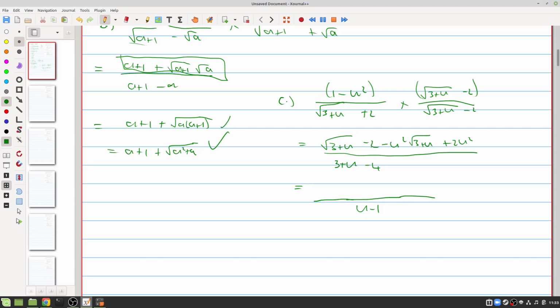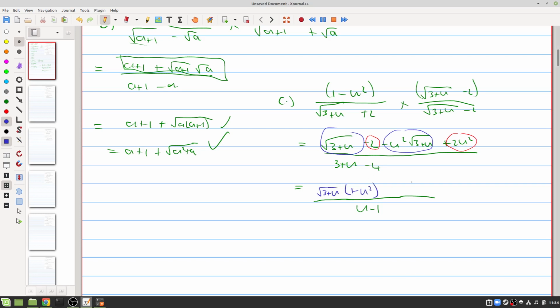Actually, we're just working in a circle, but that's going to be necessary in this case. So you don't always know that, because here there's no like terms we can collect, but we can say let's group together these two, and let's group together these two. So from this we can factor the square root of 3 plus u, and what's left is then 1 minus u squared.